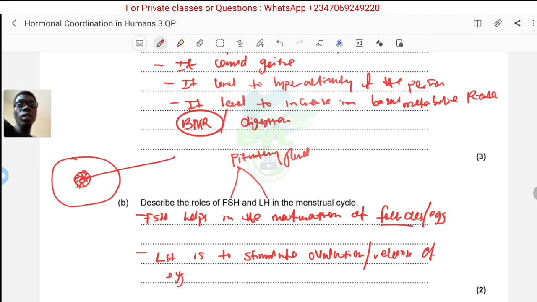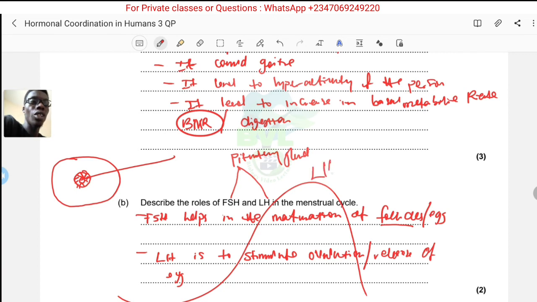So on day 14 of the menstrual cycle, like the middle, so to say, that's when there's a surge. I mean, the level of LH increases suddenly, and what's the effect of that? It's going to cause the follicle to release the egg in it, and that's called ovulation, so to say.